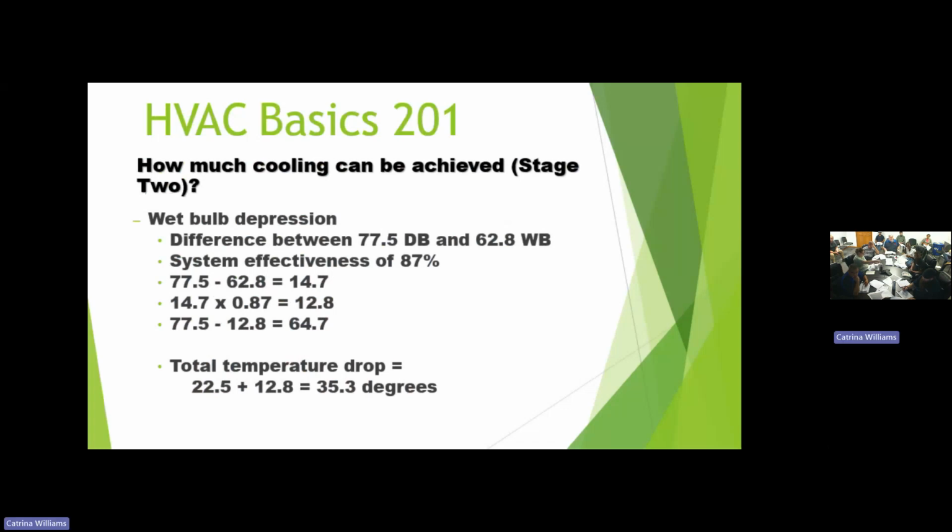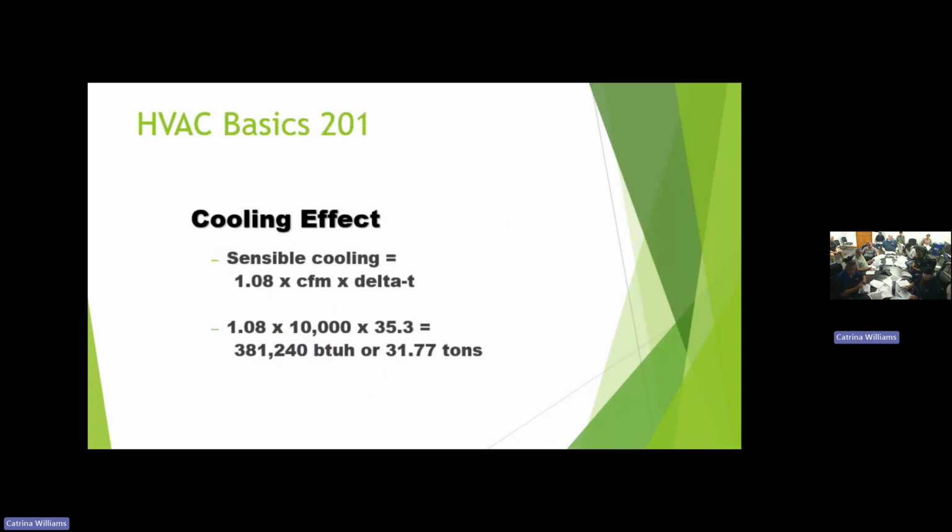So 14.7 times effectiveness, 12.8. Get it down to 64.7. 35.3 degrees total temperature drop across an indirect-direct. Tonnage-wise, what's that going to give us? Look at that formula again. Without having any refrigeration in there.